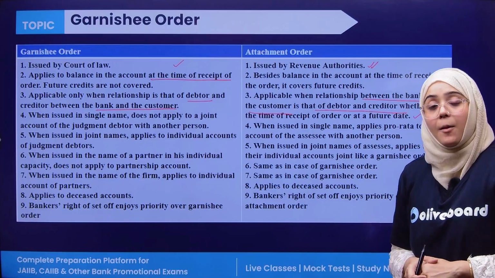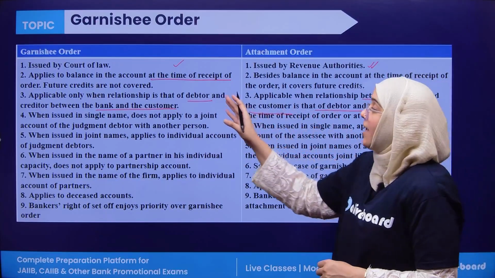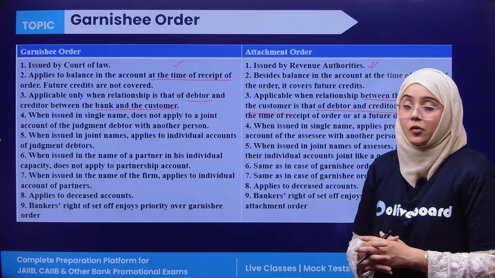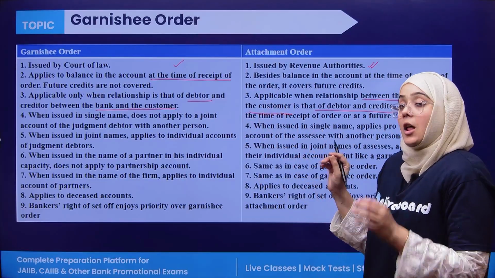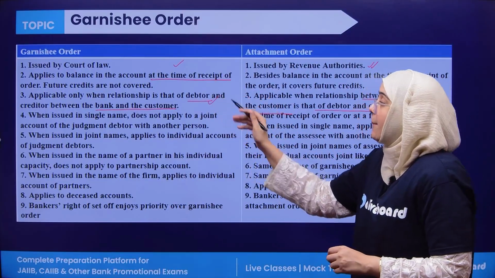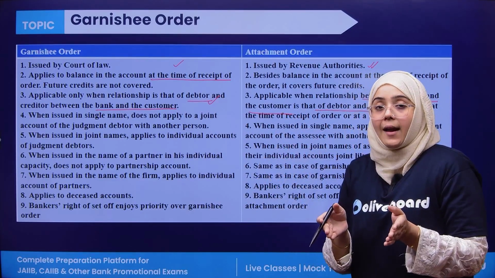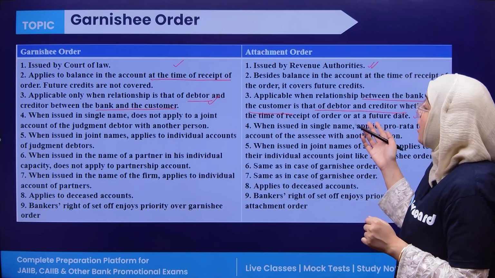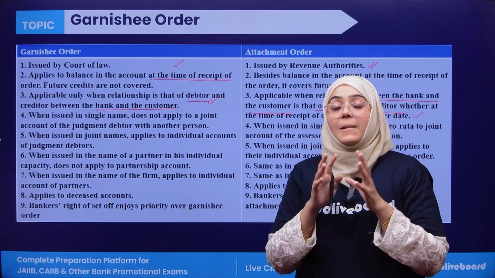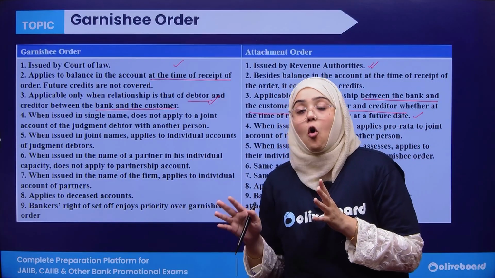So the relationship is the same in both. The bank is acting as a debtor and the customer is acting as a creditor in both cases. The difference is that the garnishee order is only applicable when the current position is debtor and creditor. Okay, current relationship matters. Here, the complete order is for the future date also.